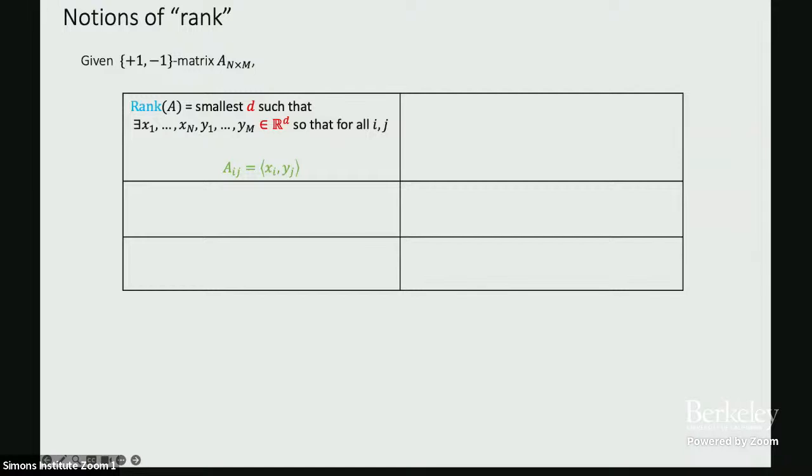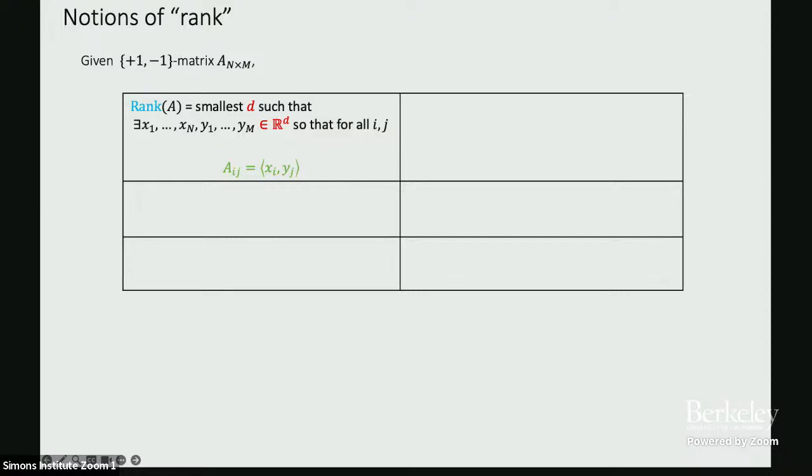So let's say, what is the real rank of a matrix? Well, one way to view the rank of a matrix is, let's say you have a +1 -1 matrix, n by n. The rank is the smallest dimension d where you can find vectors x1 up to xn, one for each row in Rd, and y1 up to yn, one for each column in Rd, so that the inner product of xi, yj is the ij entry of the matrix, right?